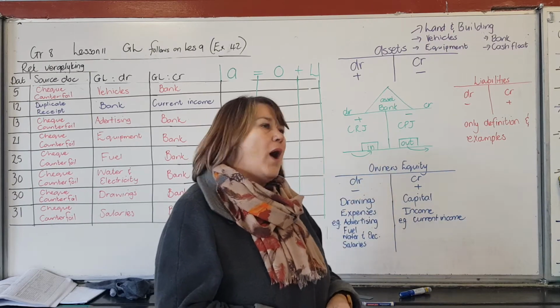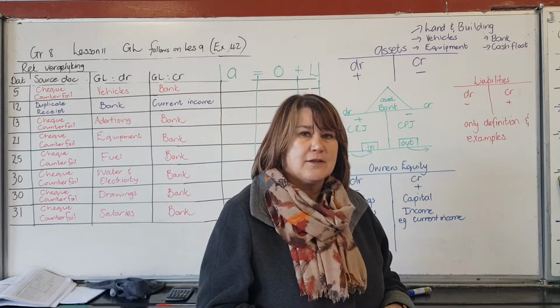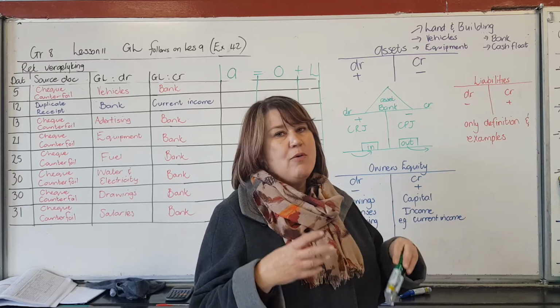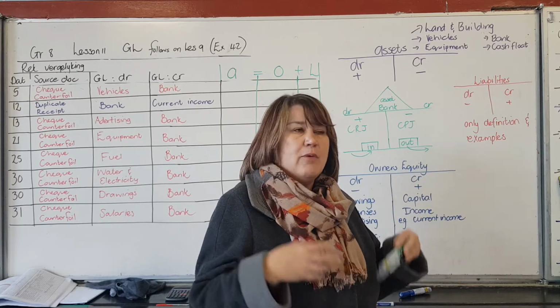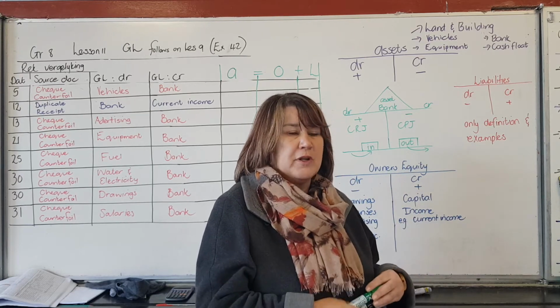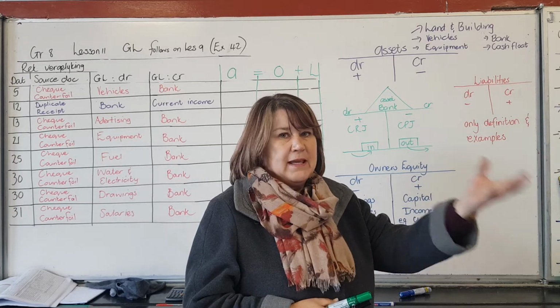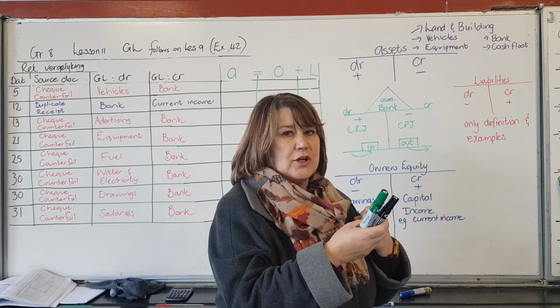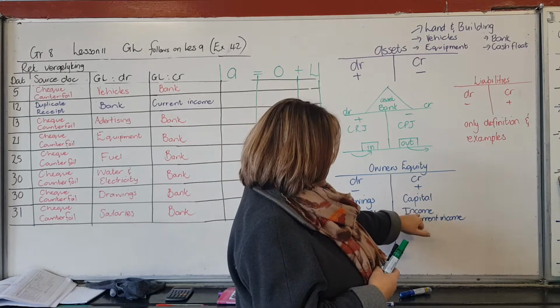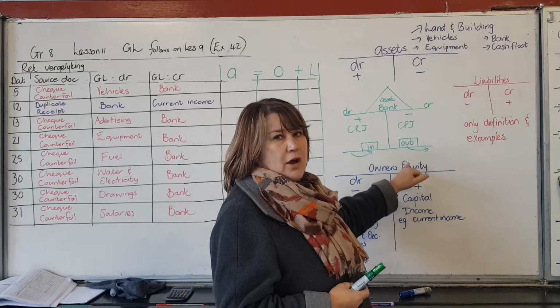But then, why would this owner start a business? To make a profit. And how will he make a profit? How will this business be able to make a profit? Having income and expenditure. So income increases the owner's equity.